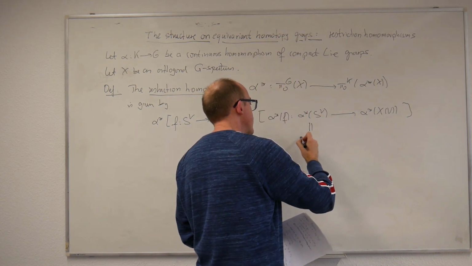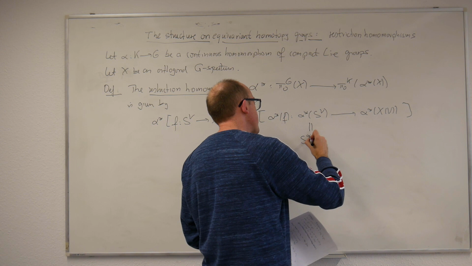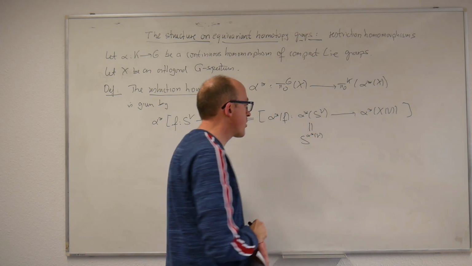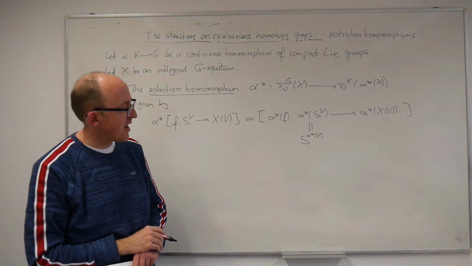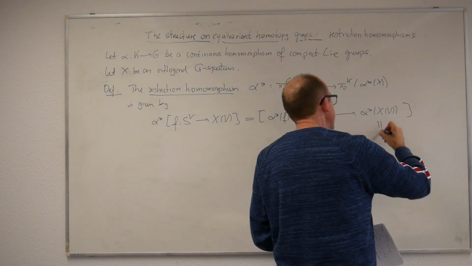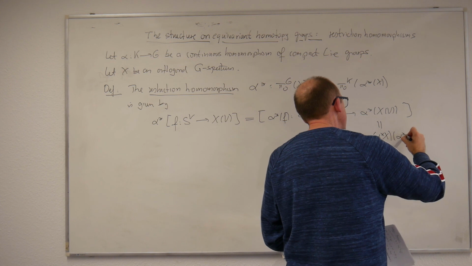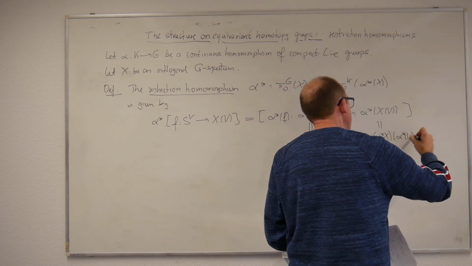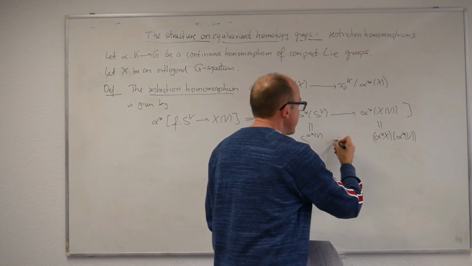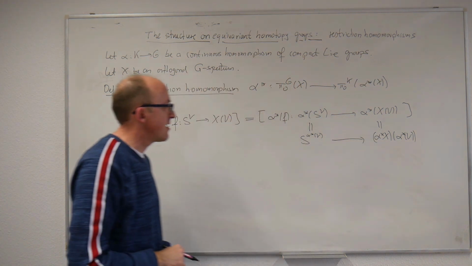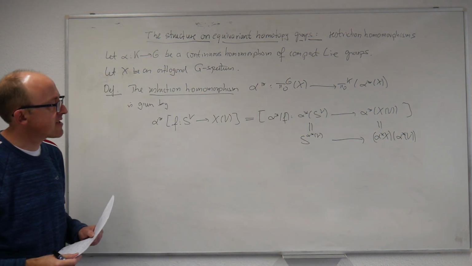But this is the same, in the sense of equal and not just isomorphic, to the one-point compactification of the K representation alpha upper star V. This is the same as I just mentioned on the previous blackboard as the orthogonal K-spectrum alpha upper star X evaluated at the K representation alpha upper star V. So this makes perfect sense.